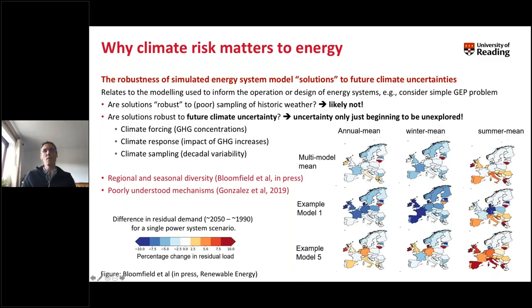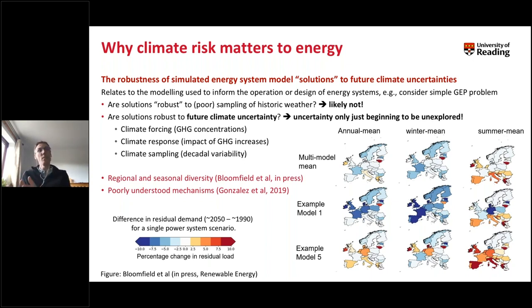Hopefully you can see that the patterns on this bottom row for the annual average, the winter average, and the summer average are quite different. So different climate models are giving you very different answers, or it could be that we're sampling just random different decades, but there's a huge degree of uncertainty when we start to drill down into seasonal changes and country-level changes and lower.